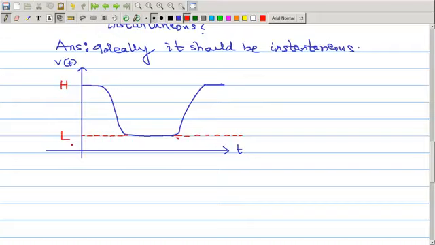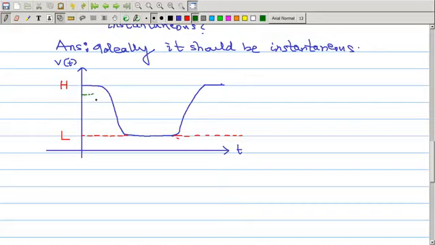Now the definition is something like this: we have to find the position of 0.9 times of H, that is 90% of H. If this one is H, then obviously 0.9 of H will lie somewhere over here.